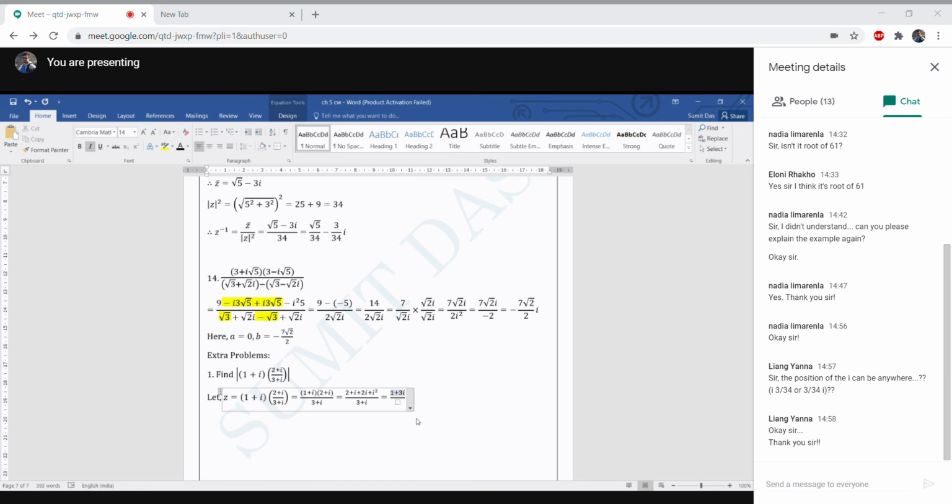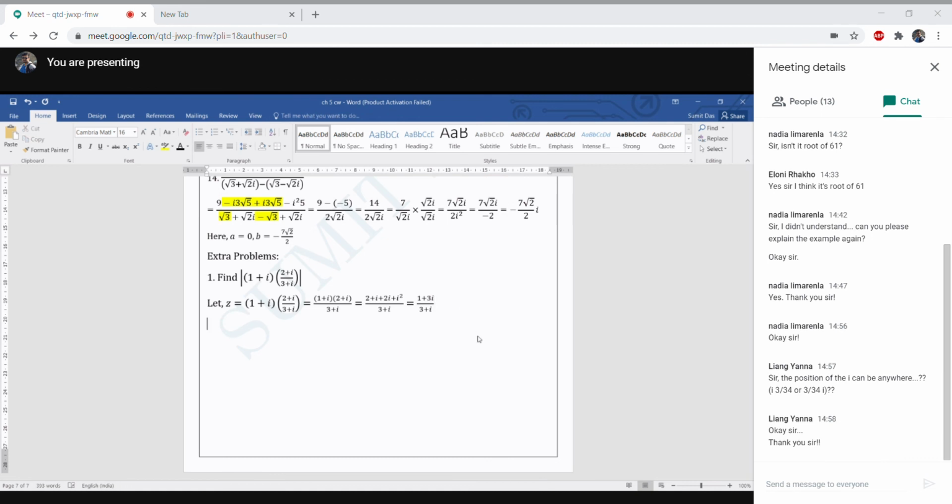I am doing a little shortcut here: i square means minus 1, so I'm directly writing 1, 2 minus 1, and i plus 2i is obviously 3i. So this is the value of z.